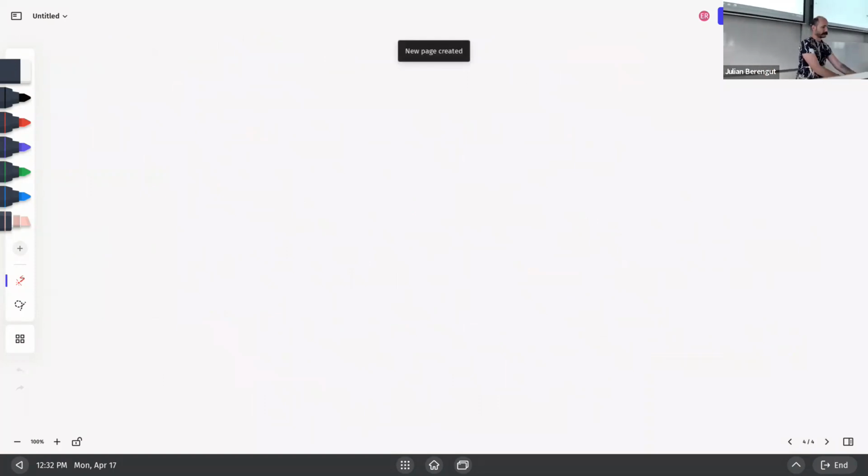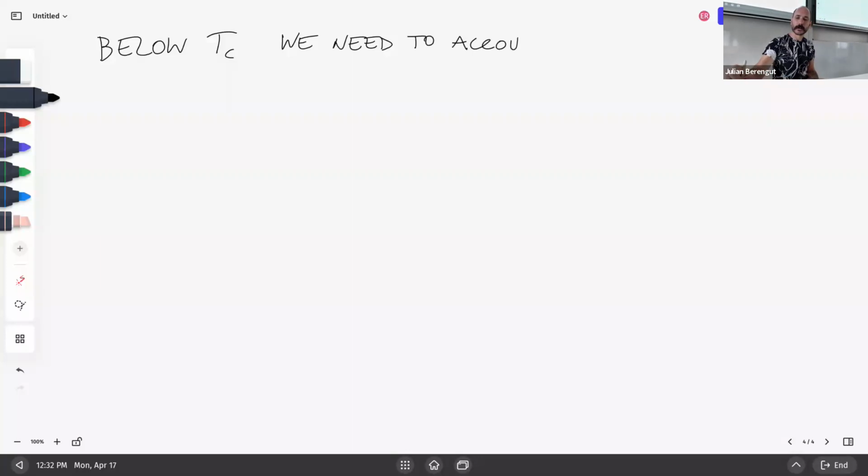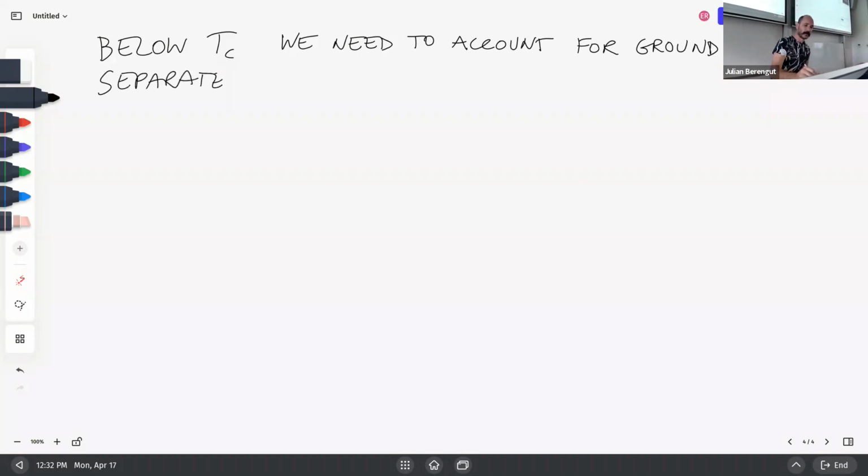What I'm going to do is standard methods. Below T_C, we need to account for the ground state separately.